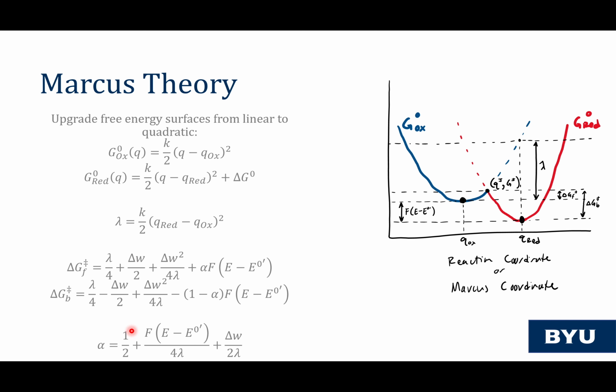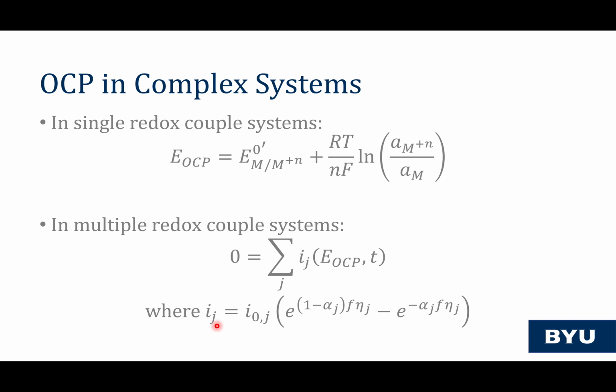And you'll see that what we end up with is the transfer coefficient is equal to 1/2 plus some terms that modify it slightly, which is a really satisfying conclusion to make, because a transfer coefficient of 1/2 is what is standard. That's the most common transfer coefficient in electrochemical studies.